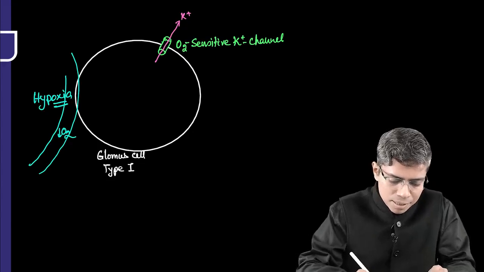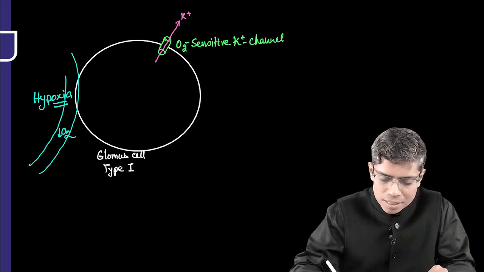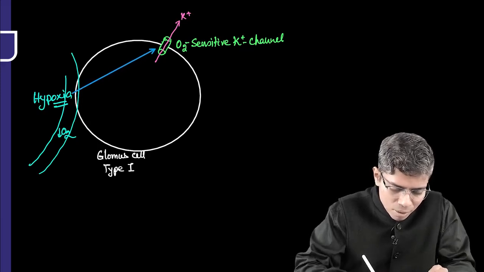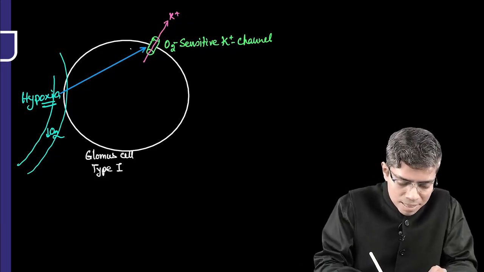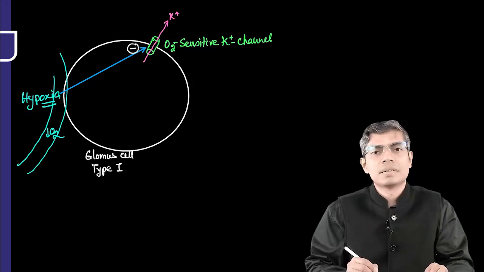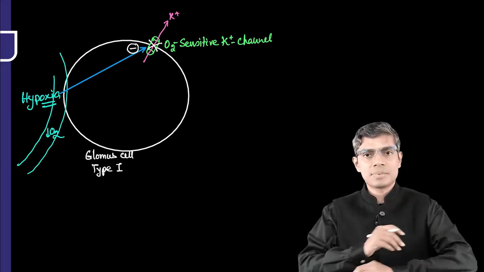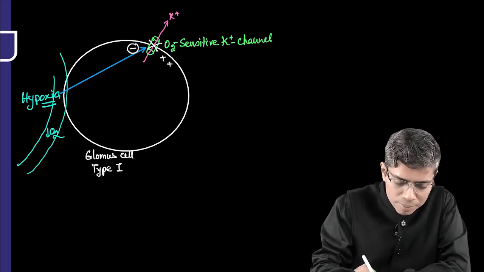This hypoxia will directly inhibit the oxygen sensitive potassium channel. It directly causes closure of this channel. I am writing here inhibition. Whenever there is closure of this channel, potassium will stay back inside the cell. Potassium will not be able to go out.